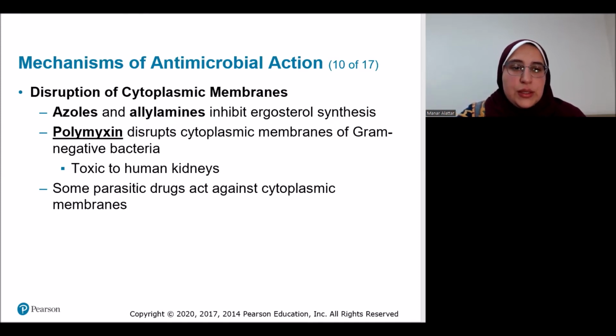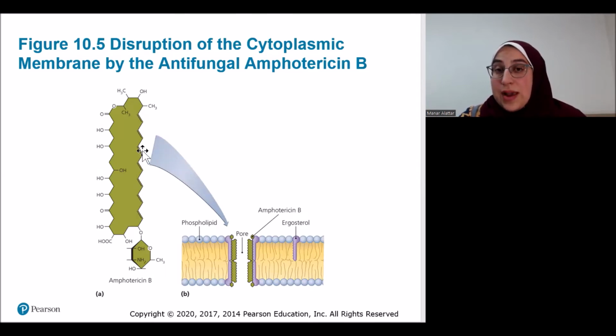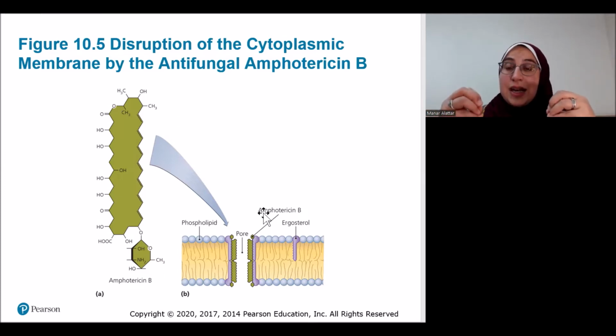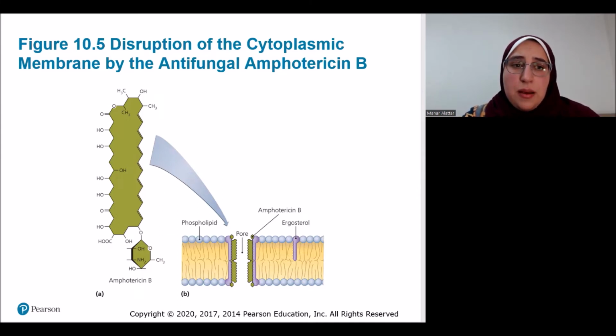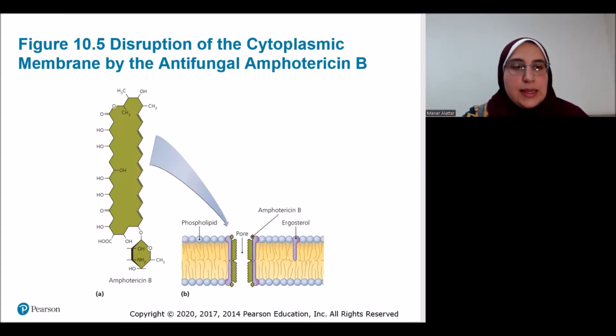Okay, so let's look at how this works. This diagram here is specifically for an antifungal drug, but polymyxin works in exactly the same way, in that you have this long chain that mimics some of the chains in the phospholipid bilayer, but instead of maintaining that integrity, they puncture these pores through the cell membrane, and those pores eventually allow the environment to influx into that cell, and then that cell lyses and dies.